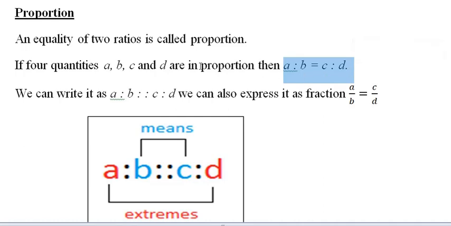Okay, so we can write it as A is to B as C is to D. We have to give four dots here, okay?